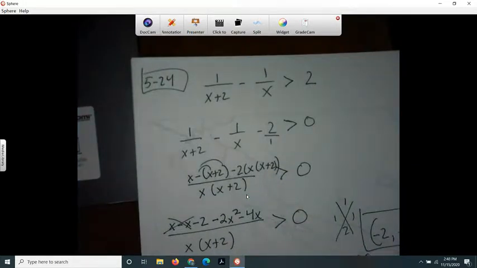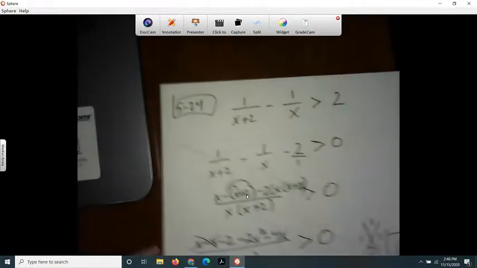Because why? I just read why, and I need to understand it better. Because when x equals -1, the final rewritten expression becomes 0 is greater than 0. That's not true, though. 0 is not greater than 0.